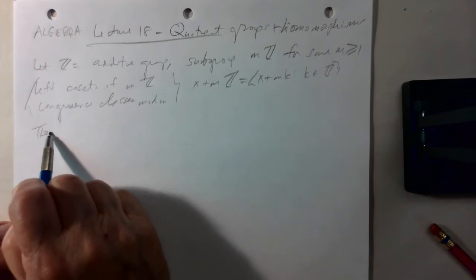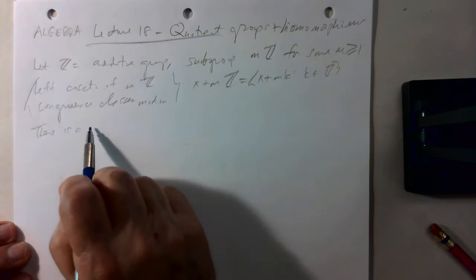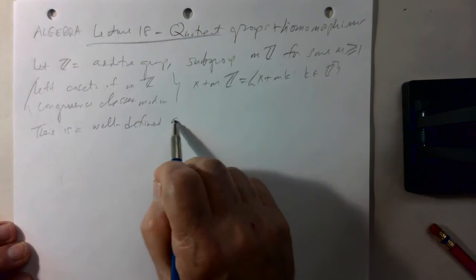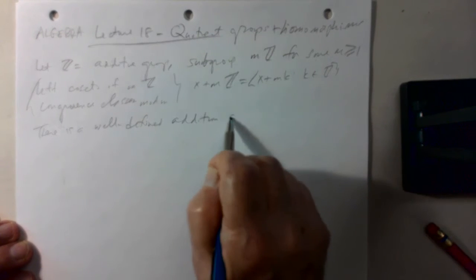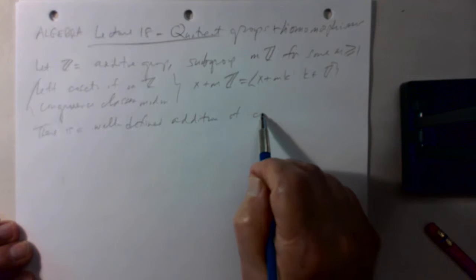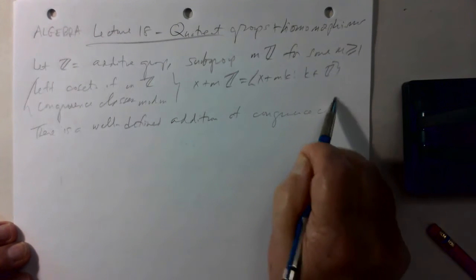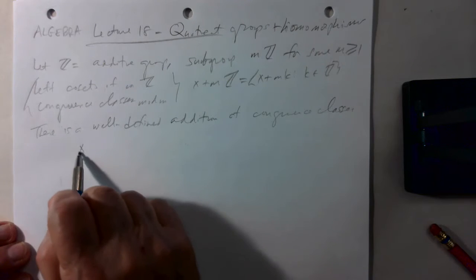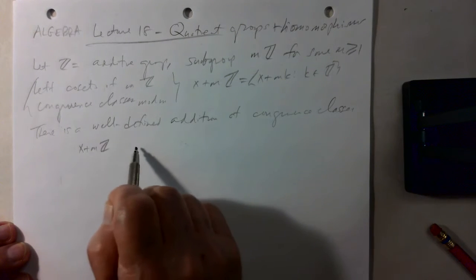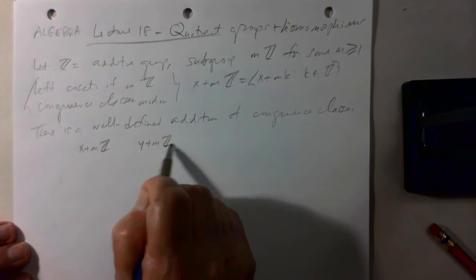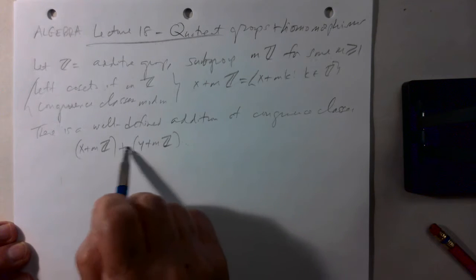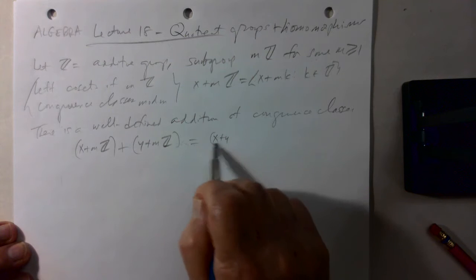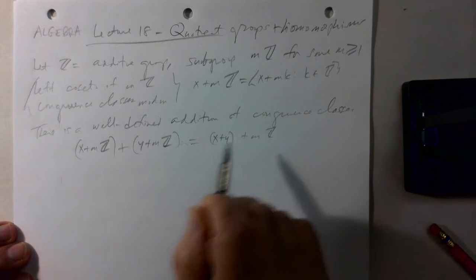And there is a well-defined addition operation of congruence classes. So what that means is that if you take the congruence class x plus mZ and the congruence class y plus mZ, you can add them by defining the sum to be the congruence class of the integer x plus y plus mZ.